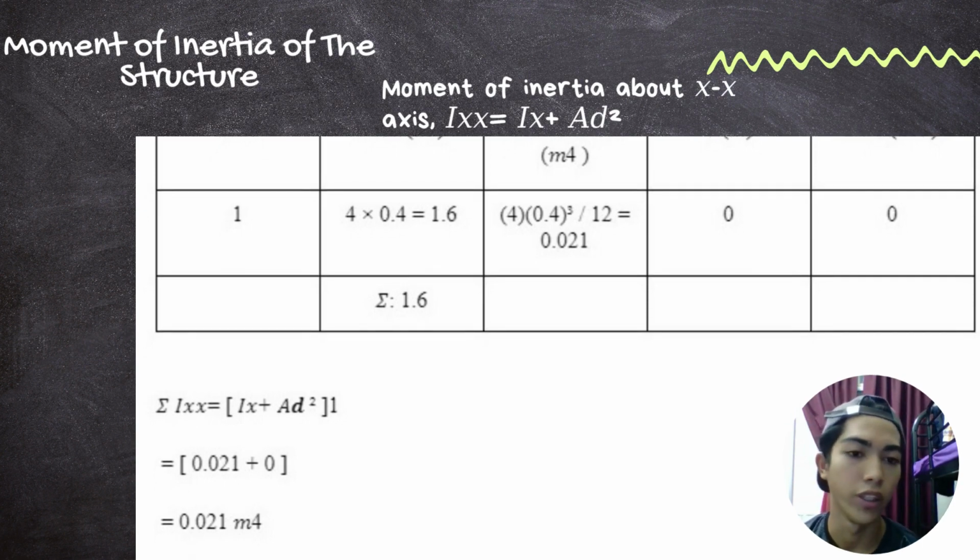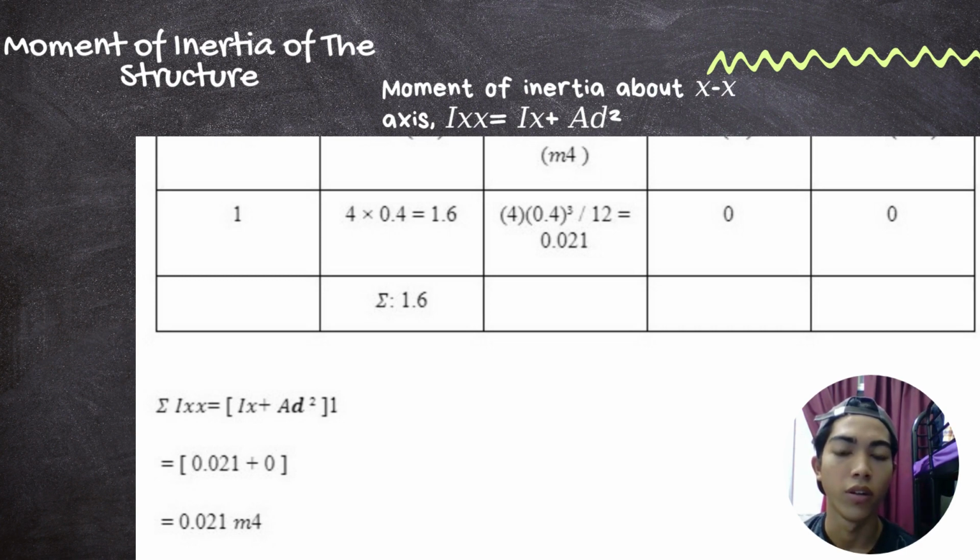So the moment of inertia of the beam, the moment of inertia about x-axis, Ixx equals Ix plus Ad squared.